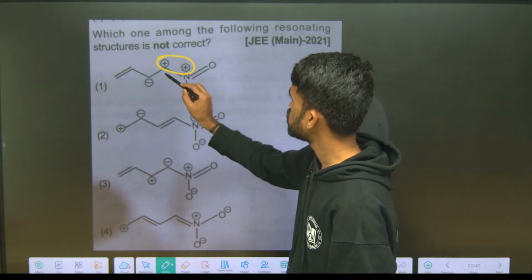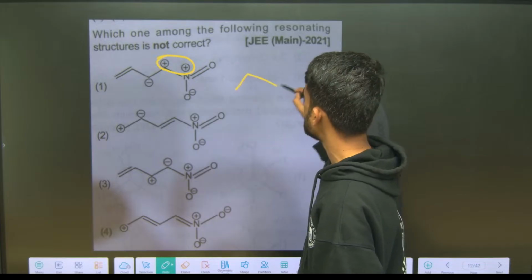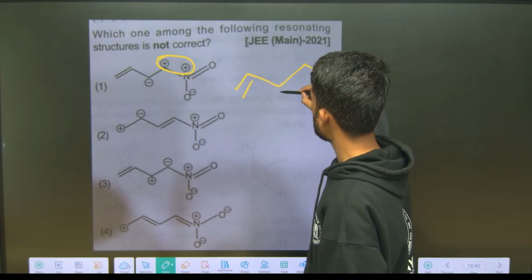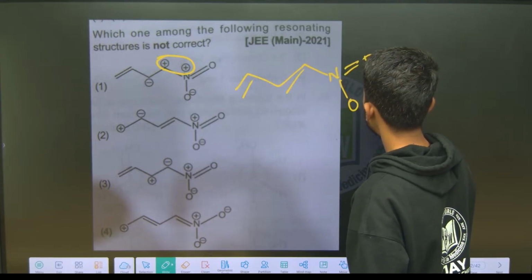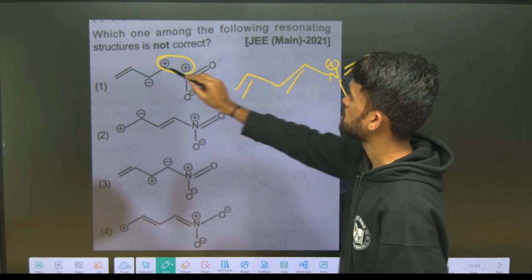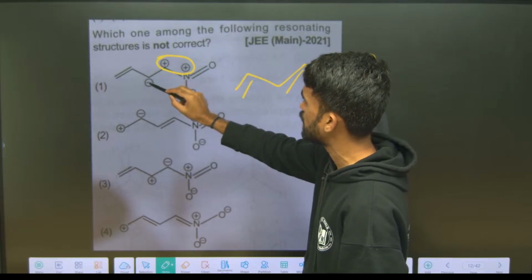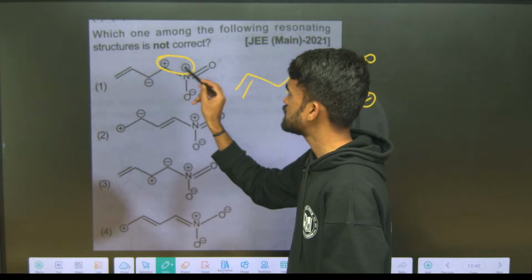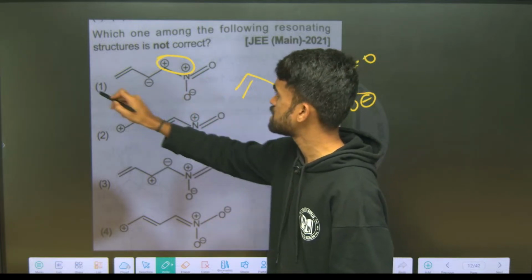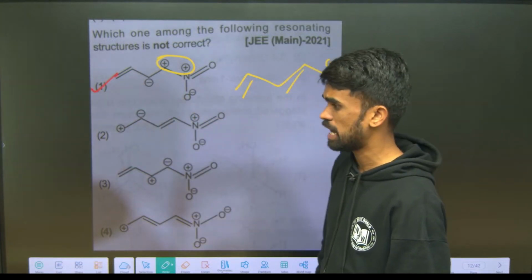You should instead show a pi bond between the negative and positive charge, so that it will be stabilized. But here 2 like charges are kept beside each other, which means this is not correct. You should choose that as your answer.